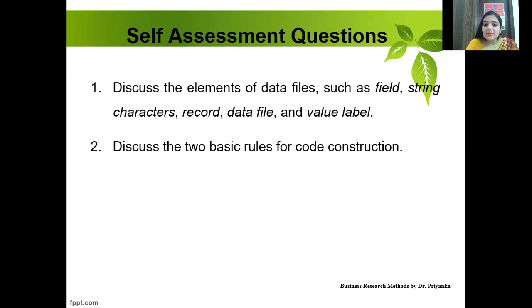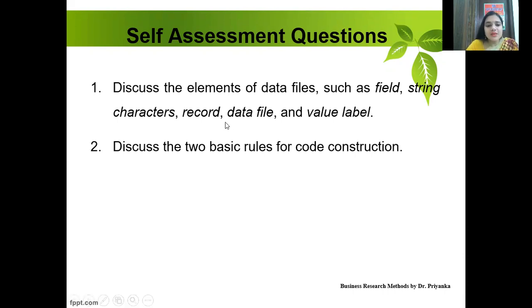Text variables are represented by string characters, right? String means text variable, which is computer terminology for a series of alphabetic, non-numeric characters that may form a word, sometimes a company name.